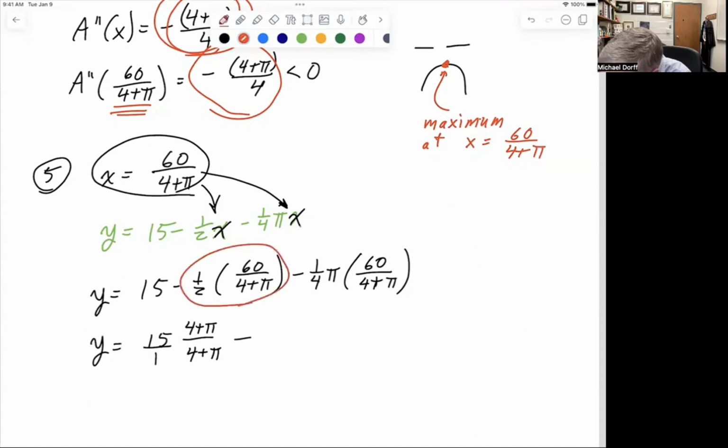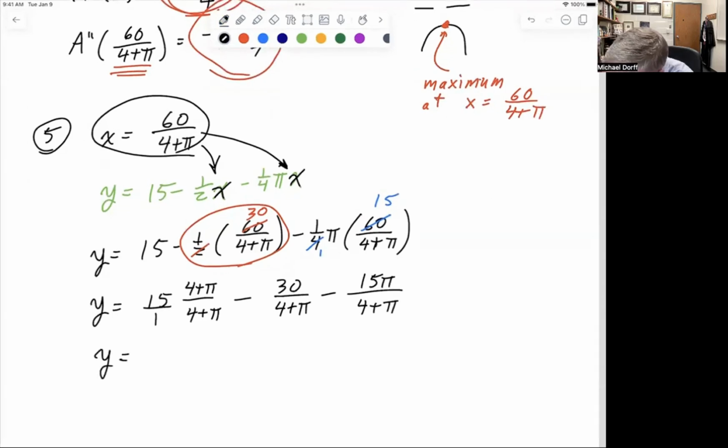In this term, I can reduce the 2 and the 60 to give me 30, so I'm going to get minus 30 over (4 plus pi). And in the next term, I can reduce the 4 and the 60 to be 15 on the top and 1 on the bottom, and that's going to give me minus 15 pi over (4 plus pi).